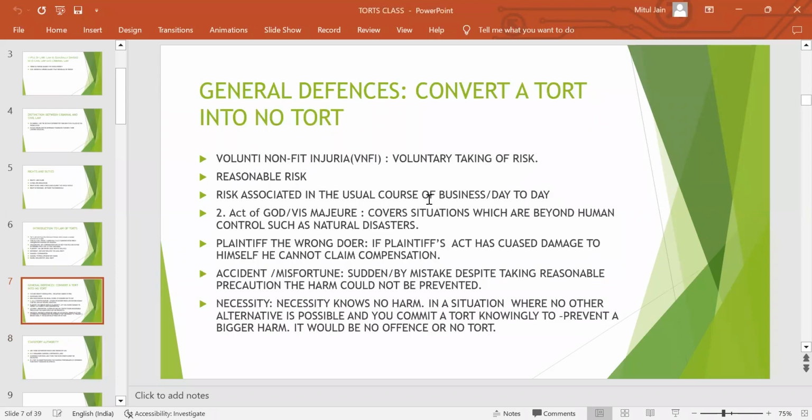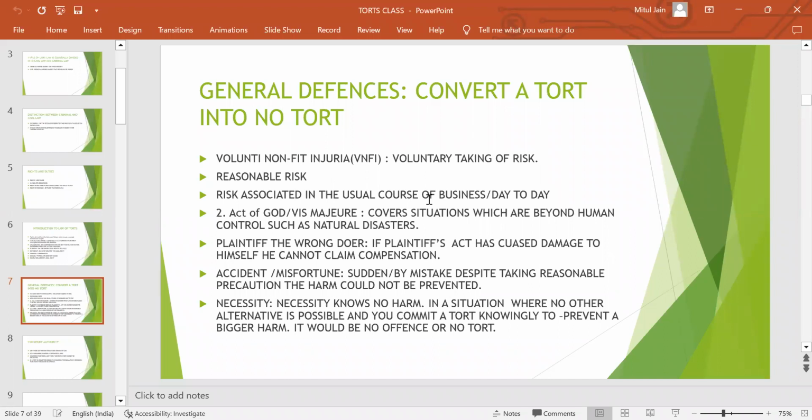Then comes the second defense, which is act of God or vis major. Now, what is an act of God? An act of God is a situation which is beyond human control. That means humans do not have any control over such a situation.